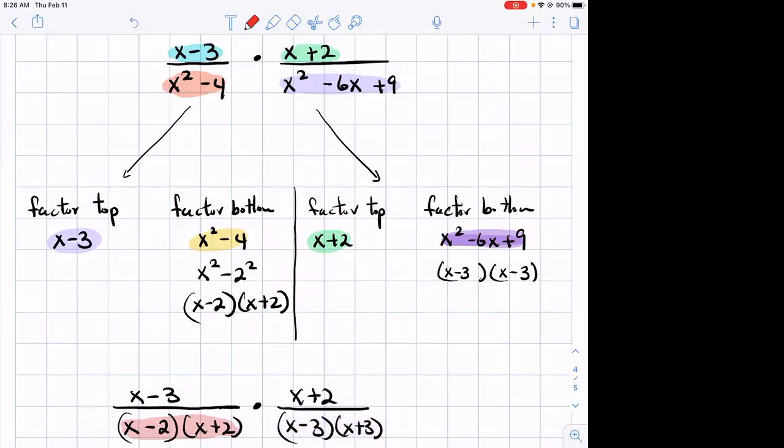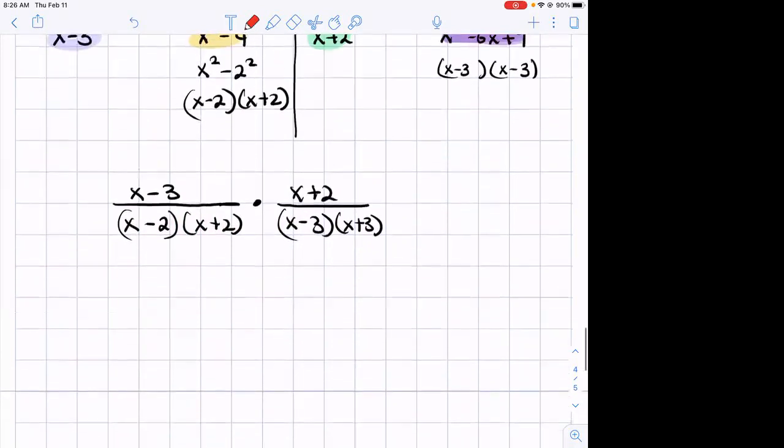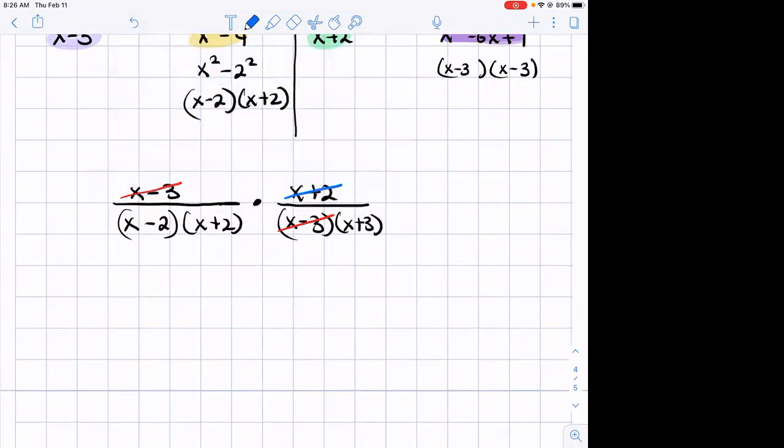Now what we're going to do is reduce, cancel numerators from denominators. Notice this x minus 3 can be cancelled with that x minus 3. We look at the top again: there's an x plus 2 in the top, and there's also an x plus 2 in the bottom, so this x plus 2 can cancel with that x plus 2.